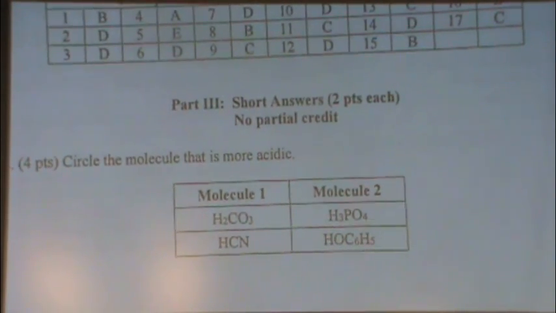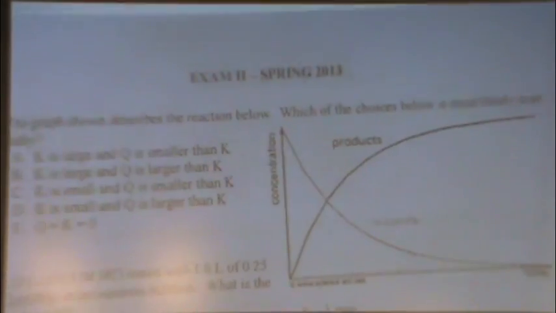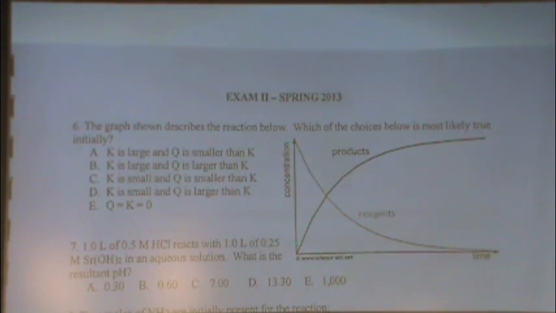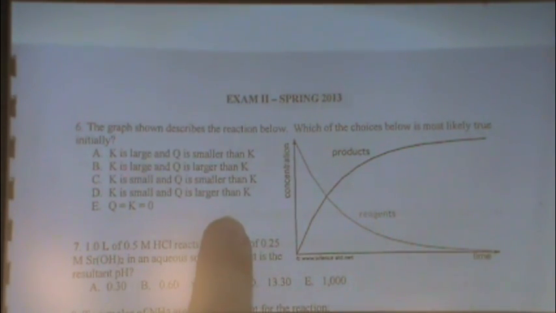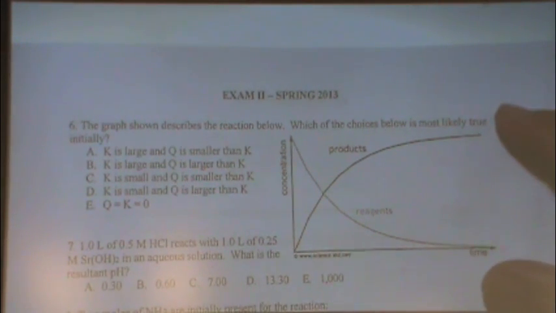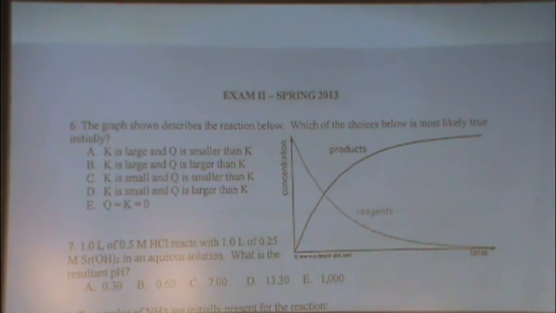Yes? Okay, number 6 on page 53. This one. Okay. Which is most likely true in this scenario? Okay, let's just think in general. For this scenario, is K large or small? Anybody?